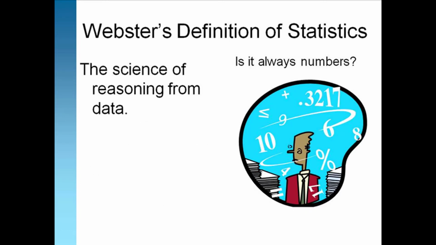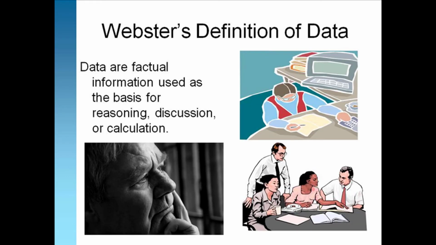The Webster's Dictionary definition of statistics is the science of reasoning from data. So what is data? Is it always numerical? The Webster's Dictionary definition of data is: data are factual information used as the basis for reasoning, discussion, or calculation.